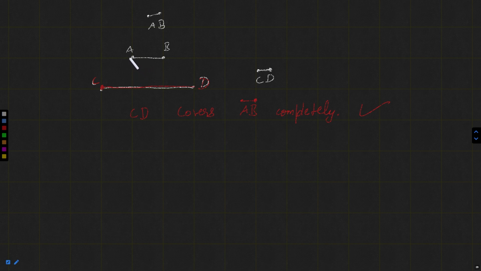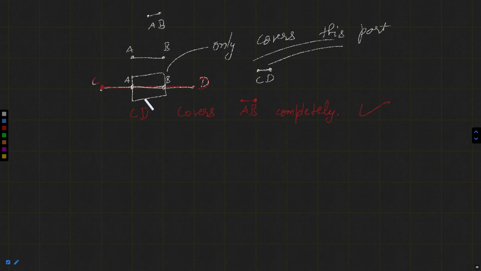No, because if we put this AB line segment on CD, then A is here and it will go till here. It only covers this part. So from this we can easily say that this part and this part are still not covered.